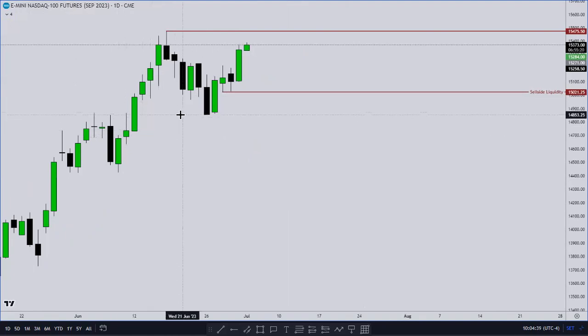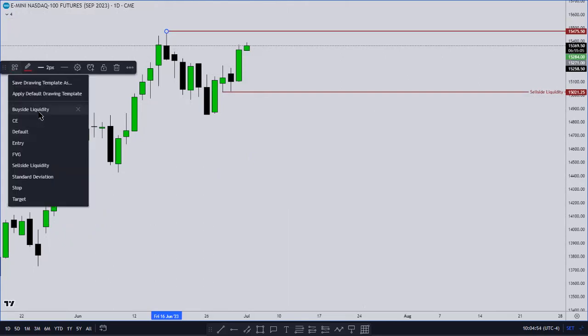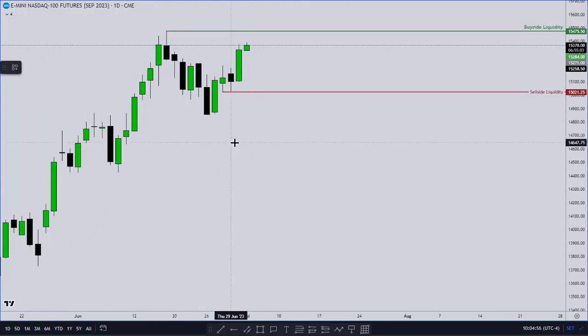So yeah, it's relatively weaker than ES. ES is moving much higher than Nasdaq. So we have buy side equity above this high. Let's outline the consequent encroachment of the wick as well.